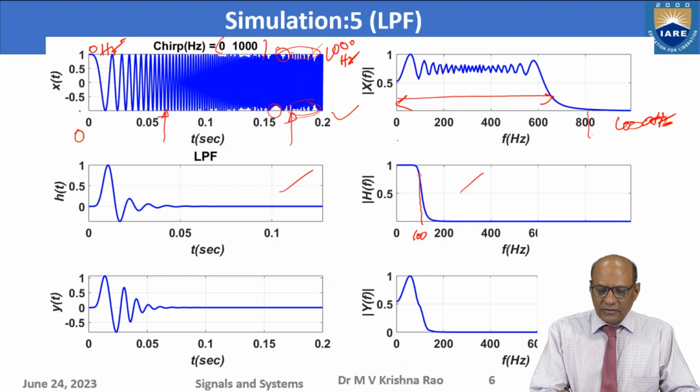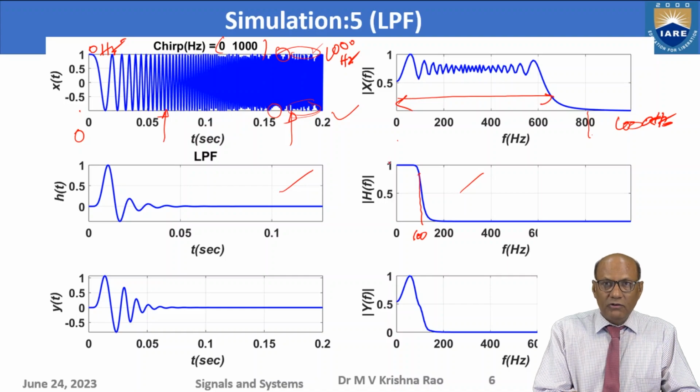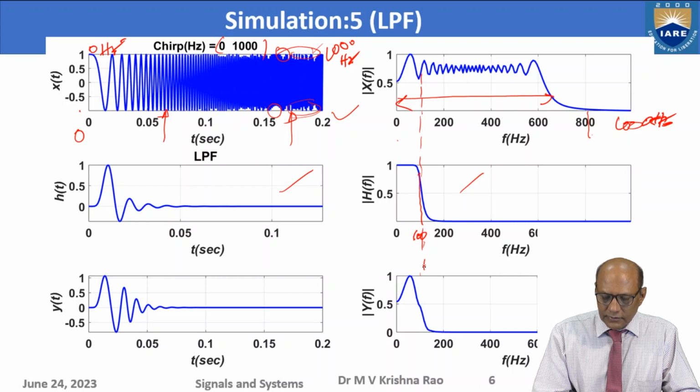So when I filter this, basically what I have to do is Y(f) equals H(f) multiplied by X(f). Of course, I am considering all absolute values, the magnitude spectrum. So effectively, this is 100 here, and I continue with 100 like this.